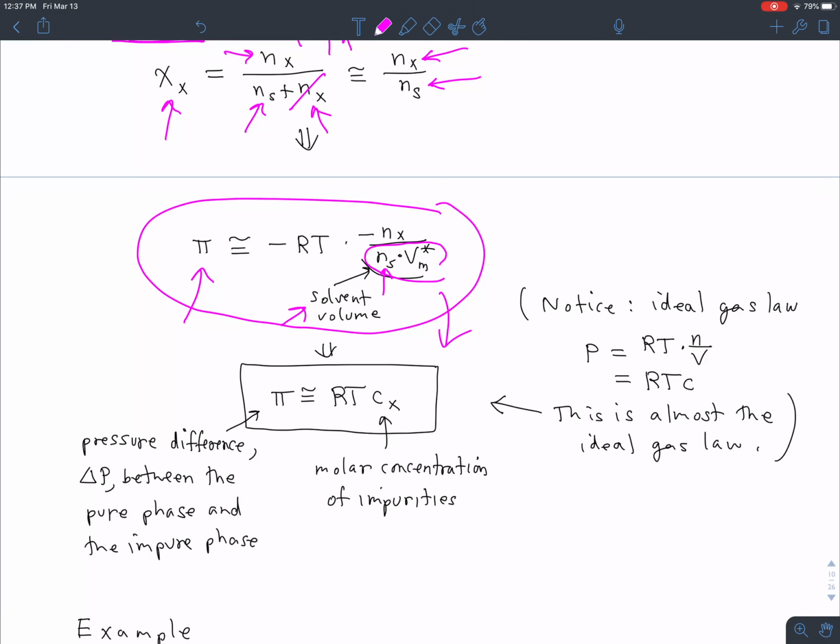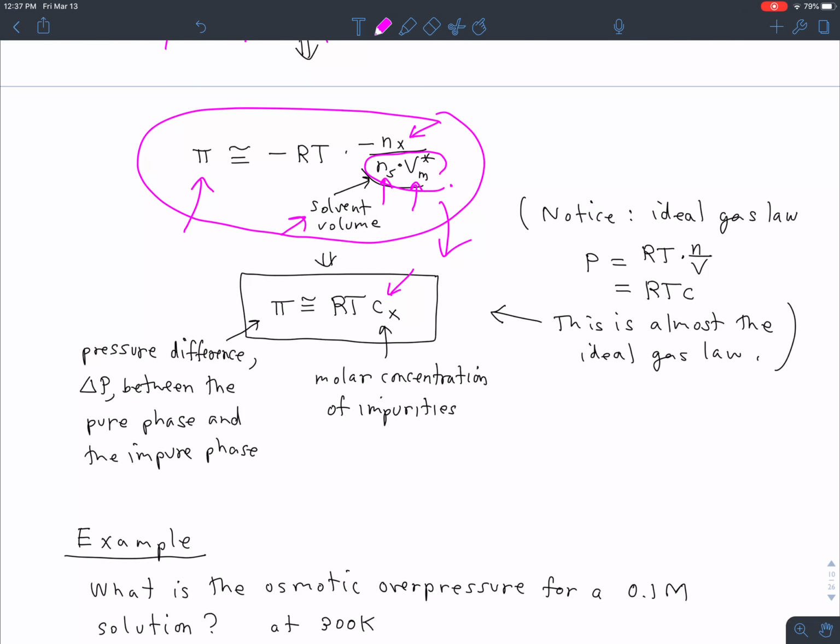The number of moles of solvent times the molar volume for the solvent is the volume of the solvent. And dividing the number of moles of solute by that, it's moles per liter, so it's just the molar concentration of the solute. And so you end up with this nice compact formula.